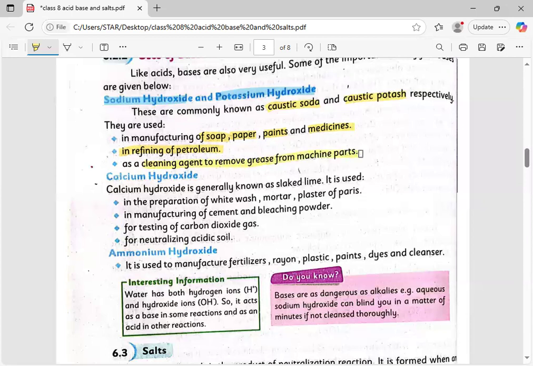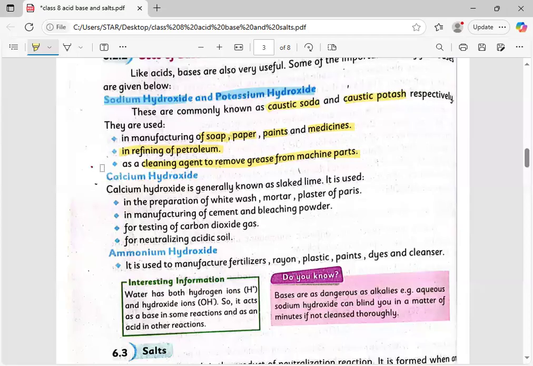Grease is some type of lubricant material that is so slippery and greasy. It is used on machines to reduce friction. So whenever you have to remove this grease from machine parts, you use these bases, sodium hydroxide, commonly known as caustic soda, and potassium hydroxide, commonly known as caustic potash.